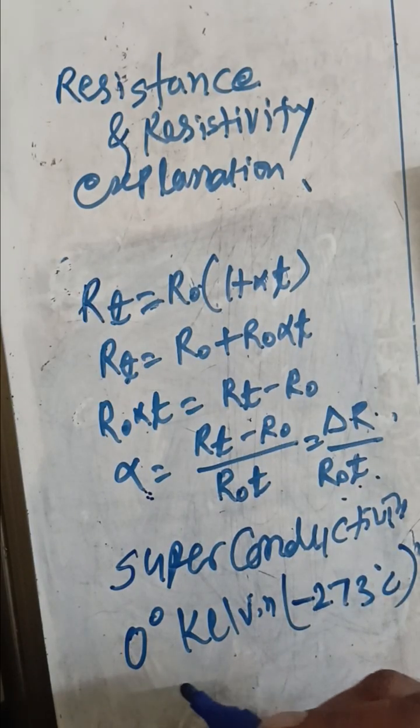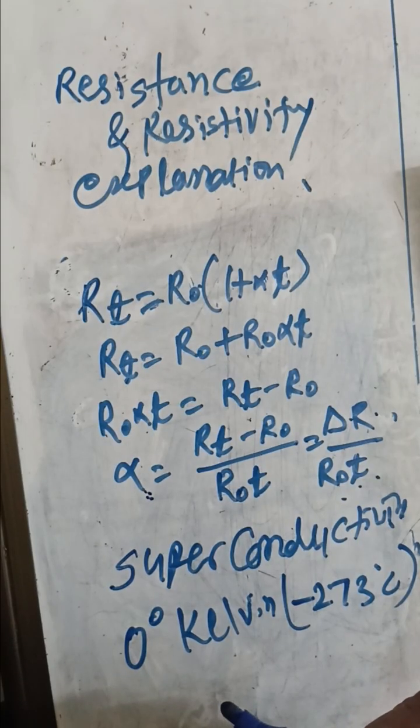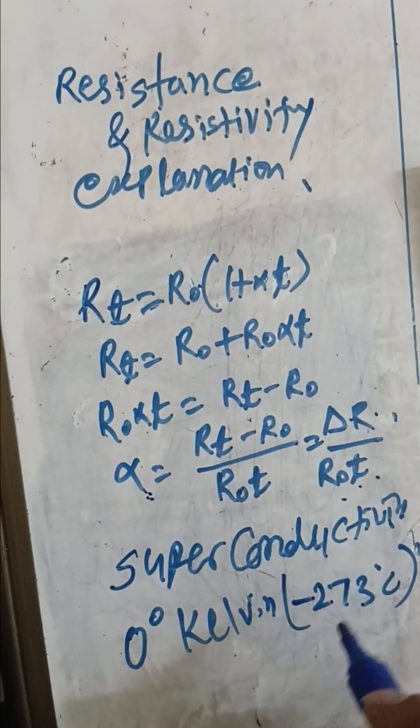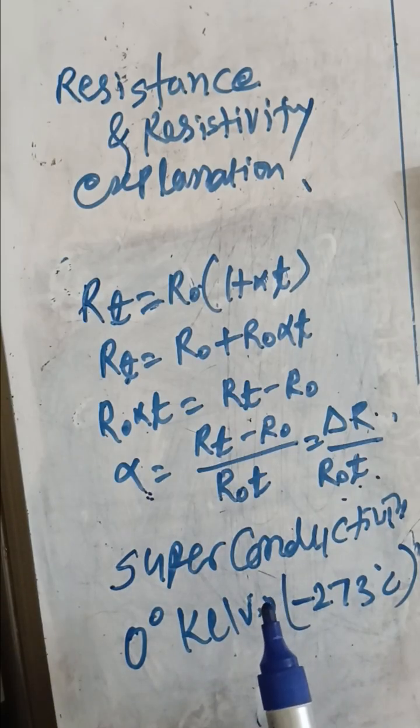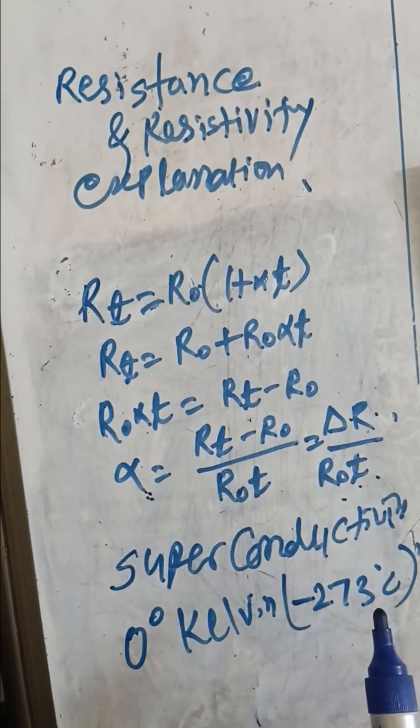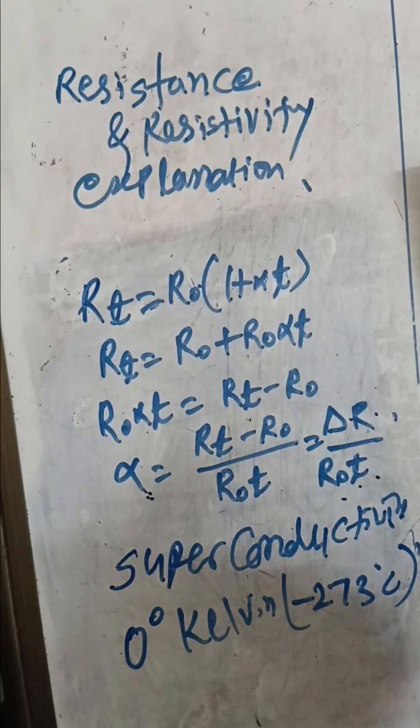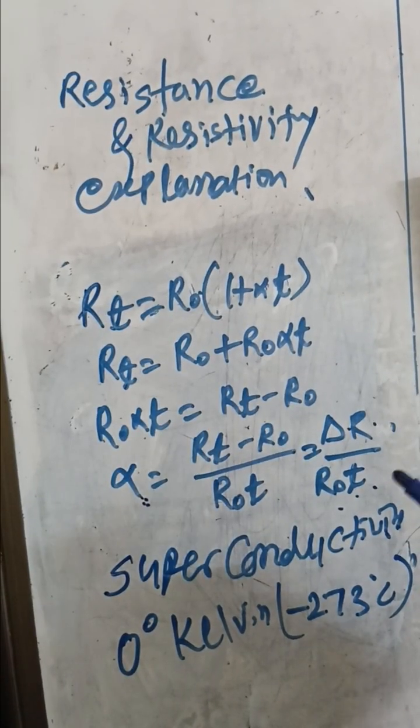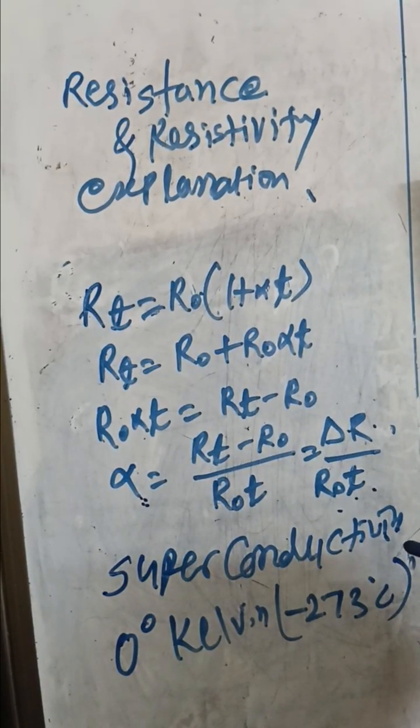At this stage the material attains superconductivity, meaning its resistance becomes zero and there are no losses in conductors. So this is the definition of superconductivity.